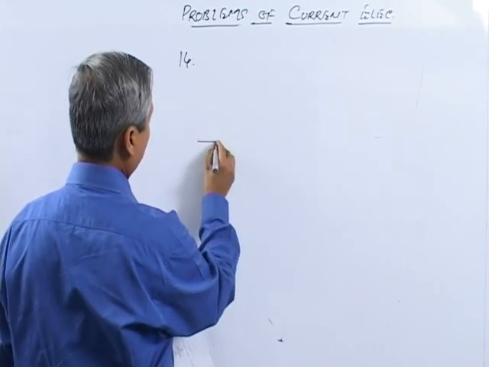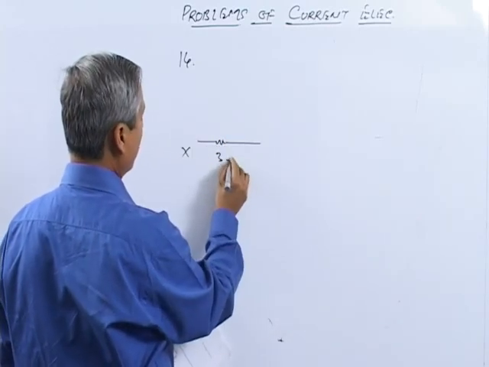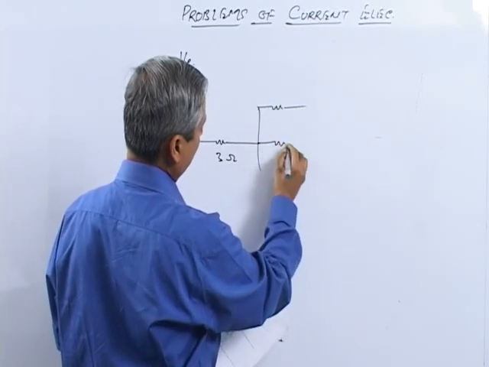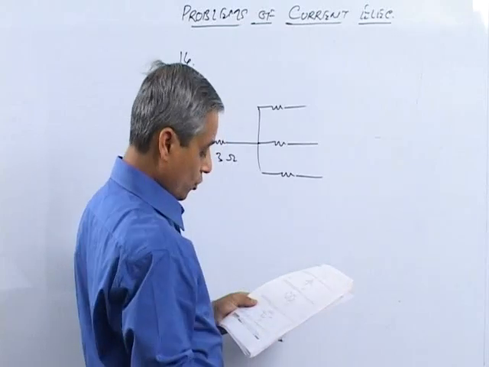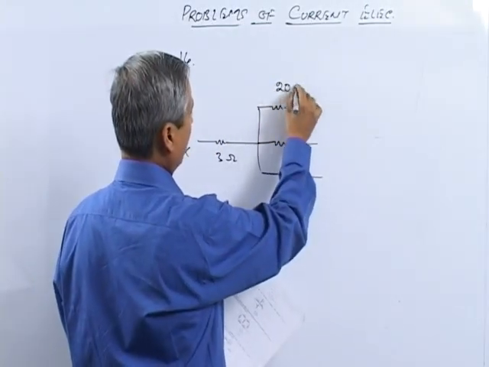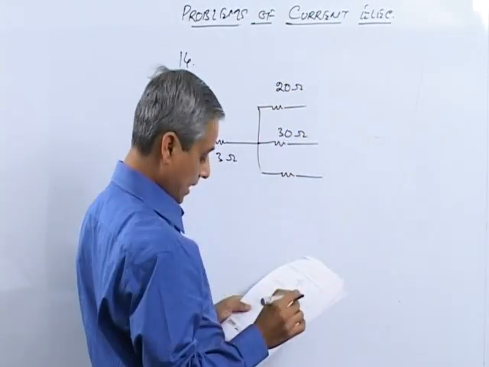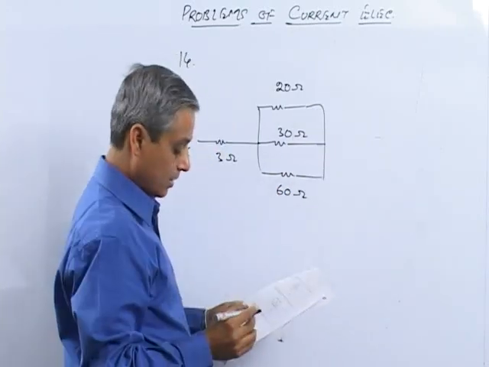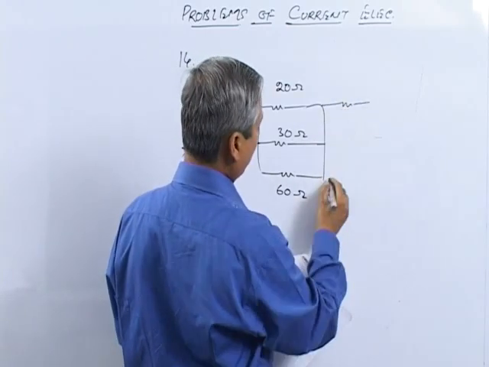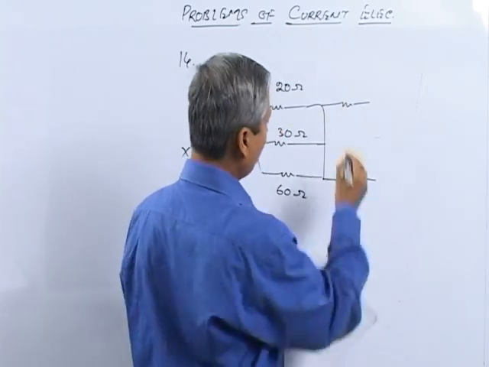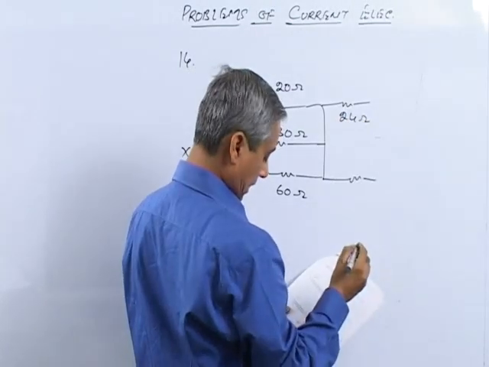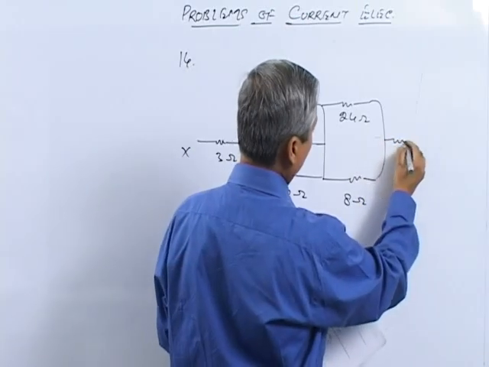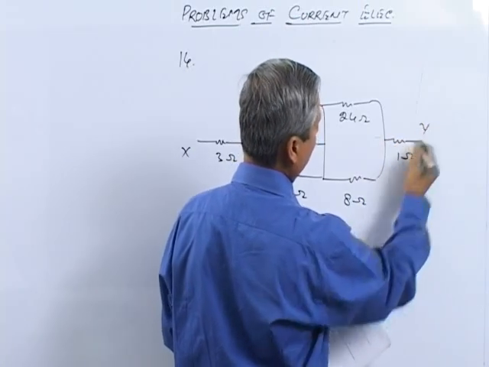We have a 3 ohm resistance, then 3 resistors, 20, 30 and 60 ohms in parallel. Then we have one more set of 24 ohm and 8 ohm in parallel, and finally 1 ohm in series with it to reach Y.